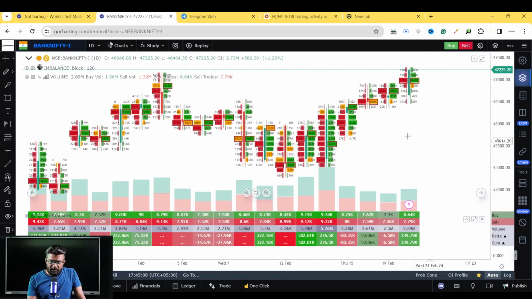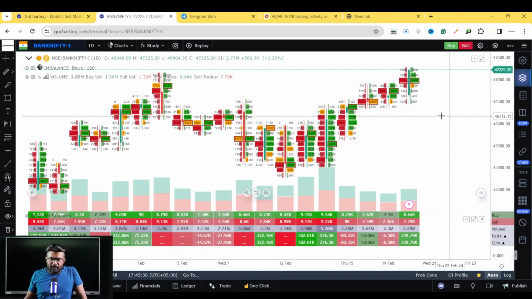Now if you see, this is a daily Bank Nifty chart, and you can see there is a huge number of calls and puts being written at 47,000, right? And the market is somewhere around 47,200. So 34,000 contracts are being bought at around 47,100, and even at 47,200 there are huge contracts being bought.